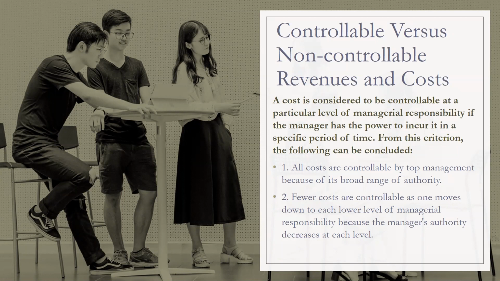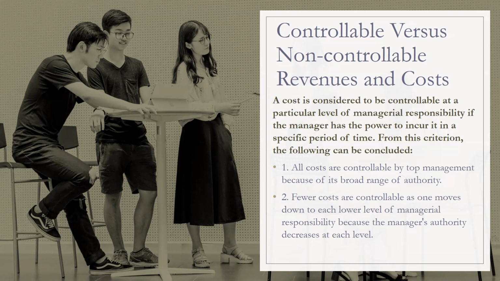So from the criterion, the following can be concluded. First, all costs are controllable by top management because of its broad range of authority. Next, fewer costs are controllable as one moves down to each lower level of managerial responsibility because the manager's authority decreases at each level.